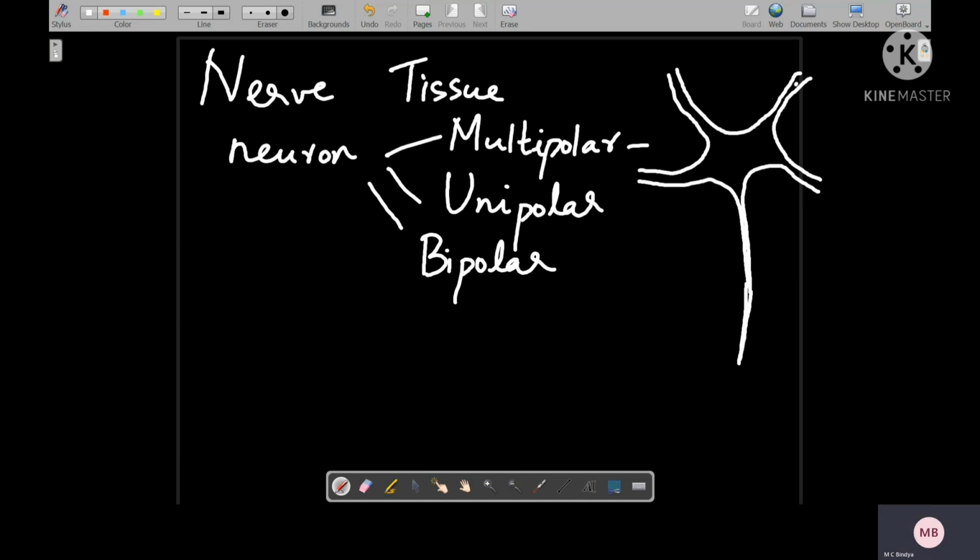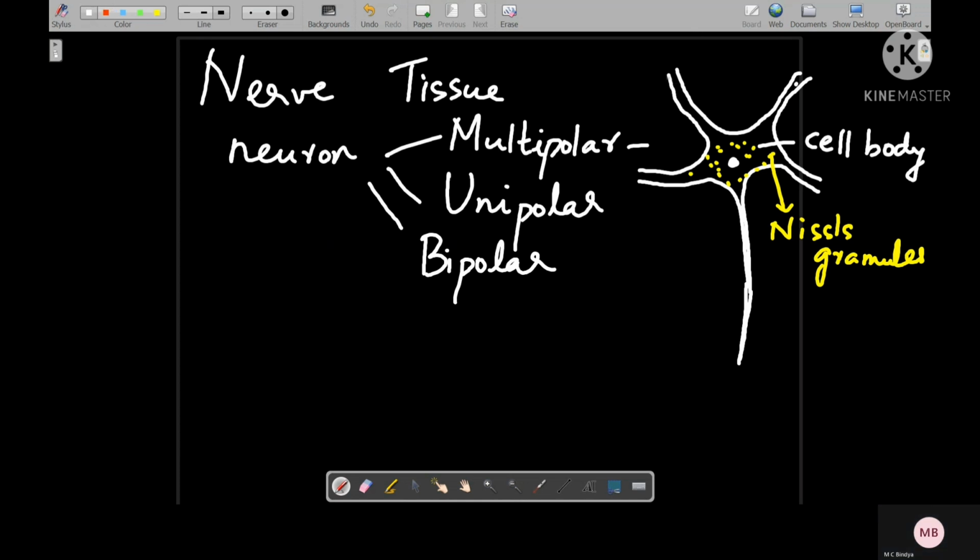So they have the cell body, and the cell body has got a nucleus, and there are some structures called Nissl's bodies or Nissl's granules. Nissl's granules are like rough endoplasmic reticulum. They synthesize proteins for the neuron.